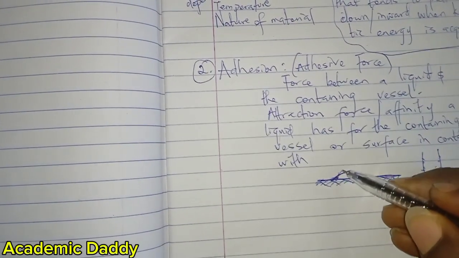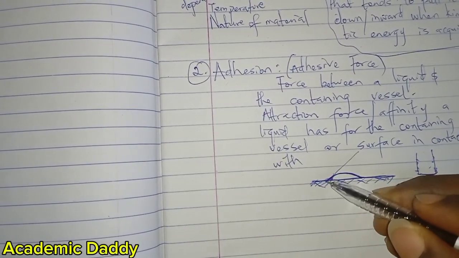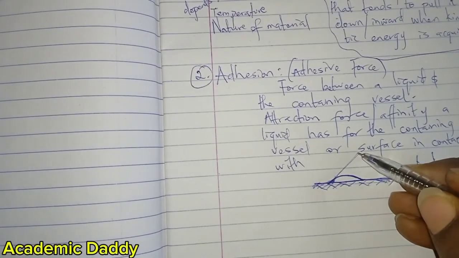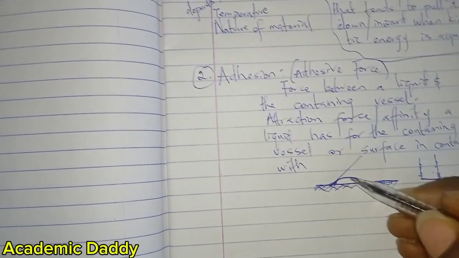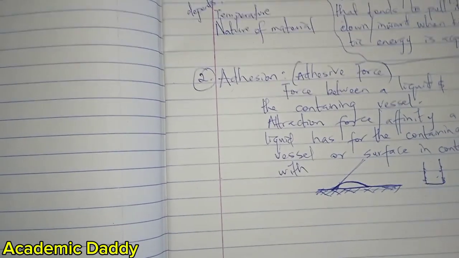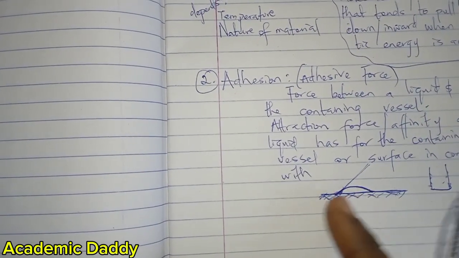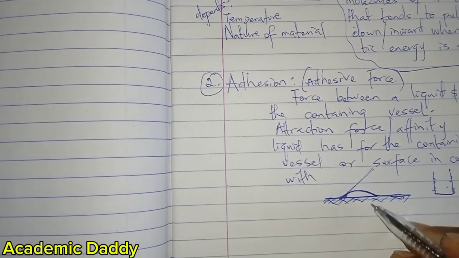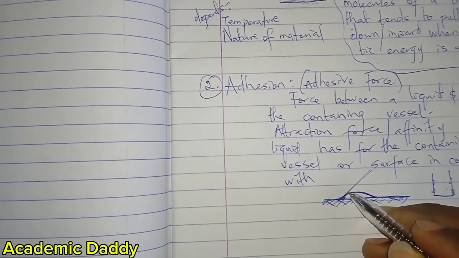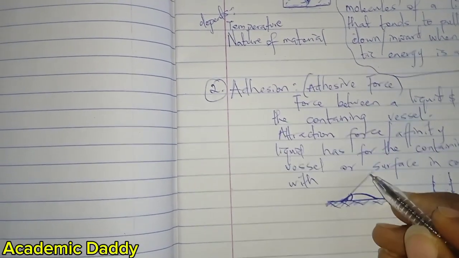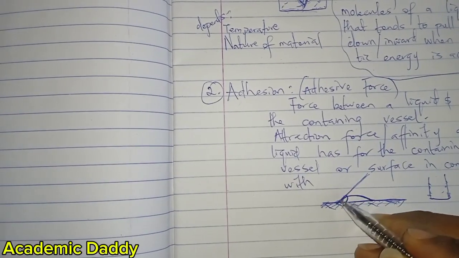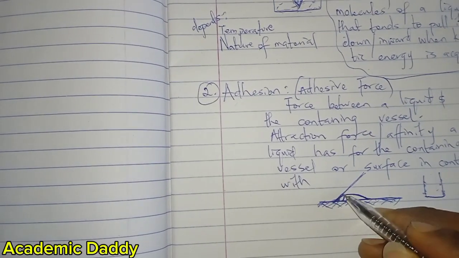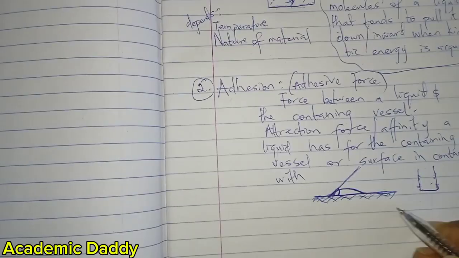So if I want to check the angle of contact here, I can see that this is a tangent. We'll come to that. This is a tangent, that is a line that is touching where this water and the container meet. Now from the inside, if I measure it, this angle here is less than 90.